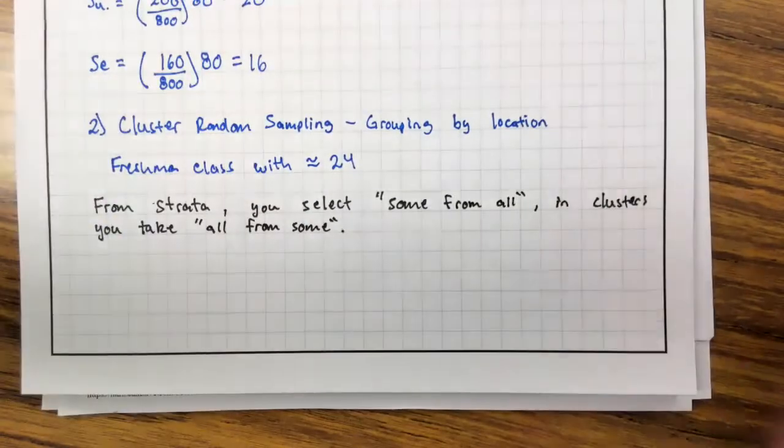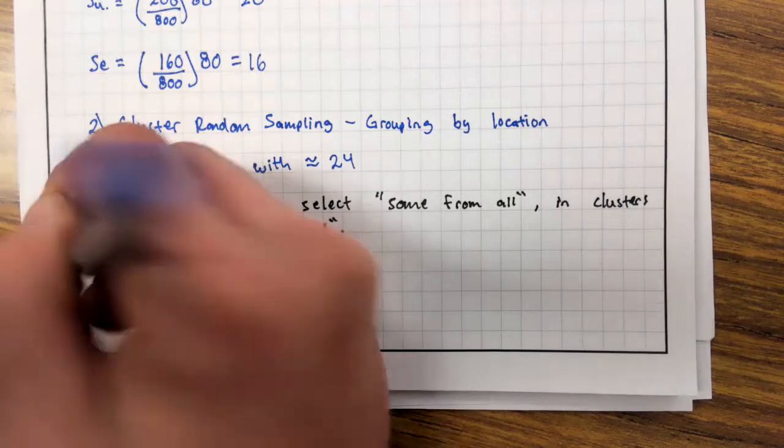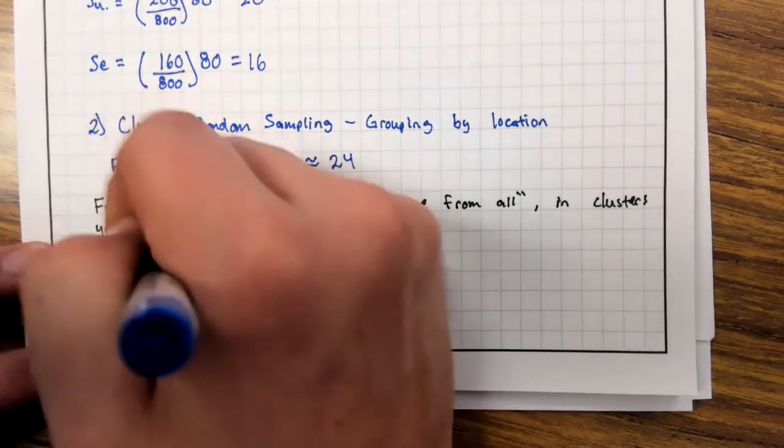The last sampling method is another one that's kind of easy and decent. This last one is called a systematic sample.